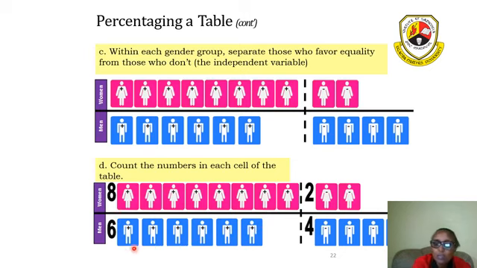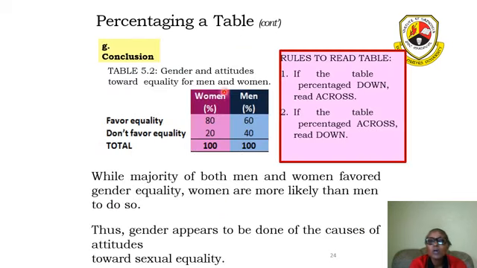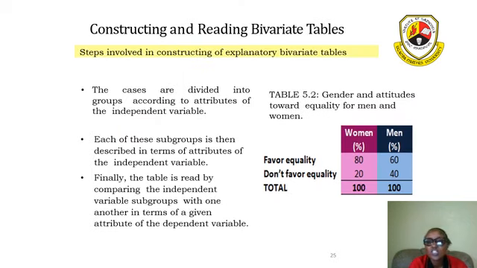Then for the men, 60% were positive and 40% were negative. So based on that, it could be concluded that the majority, both men and women, favored gender equality, but you'd find it more amongst women than men. So that is one way one can handle the percentage analysis.